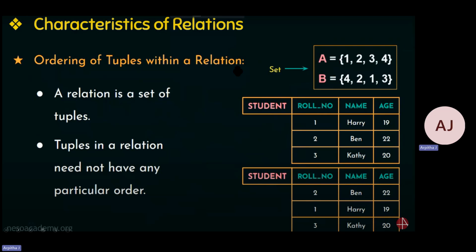It's not mandatory that it should be in some order. Any order can be entered or stored. So in the example, the first data is 1, 2, 3, Harry, Ben, and Kathy. The next can be like this also, 2, 1, 3. In any order, you can enter the data. Fine, that is the first characteristic of relations.